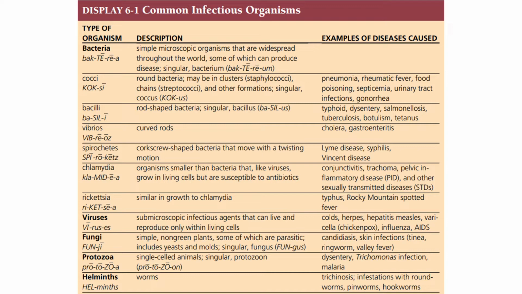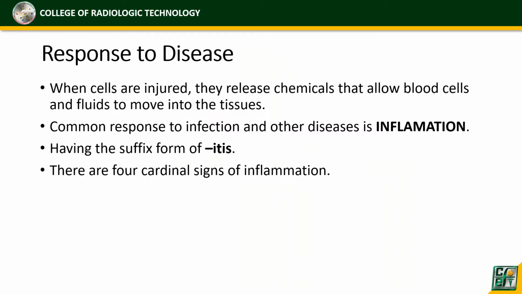So, chlamydia causes conjunctivitis, trachoma, pelvic inflammatory disease, and other sexually transmitted infections. Then we have the rickettsia. Rickettsia is similar to chlamydia in growth. It causes typhus and Rocky Mountain spotted fever.